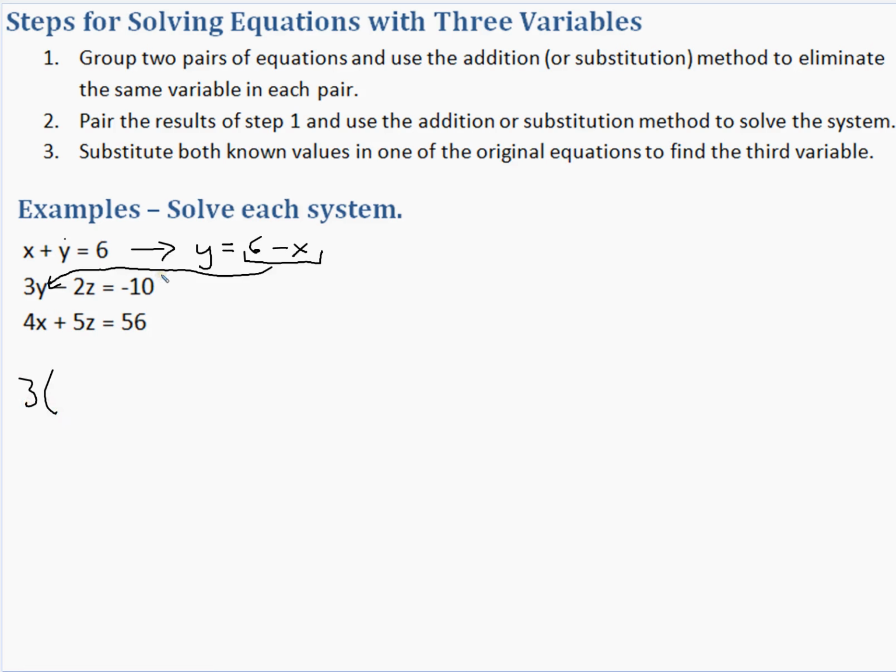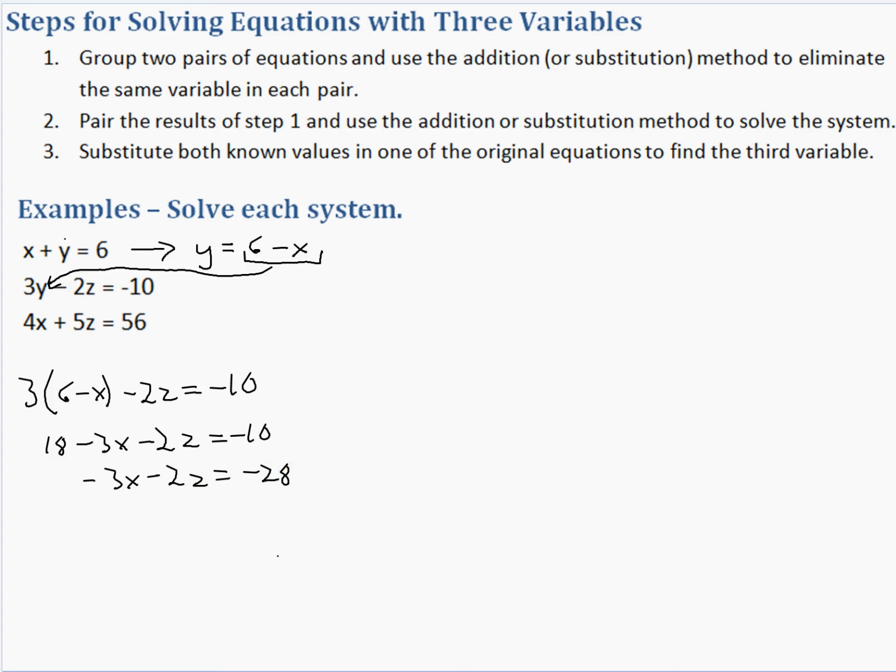Instead of putting y, we're going to put 6 minus x, minus 2z equals -10. Simplifying this, we distribute, we get 18 minus 3x minus 2z equals the -10 still, and we'll subtract 18 from both sides, and we'll get -3x minus 2z. -10 minus 18 is -28.